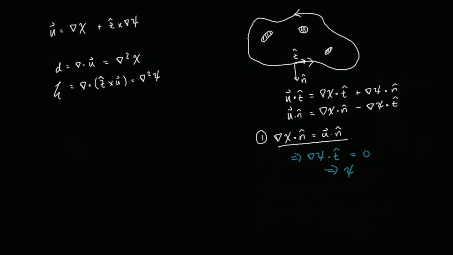Now, physically what this means is that the rate of change of psi along the boundary has got to be 0. And that's along every boundary, right? So that means psi is a constant. I'm going to introduce some notation here.